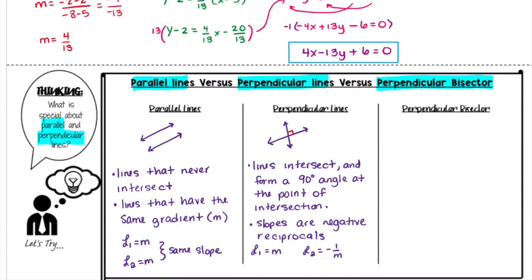And then we have something known as perpendicular bisectors. They are similar to perpendicular lines. They are going to intersect. They are going to create this 90-degree angle at the point of intersection. But they are also going to be intersecting through the midpoint.